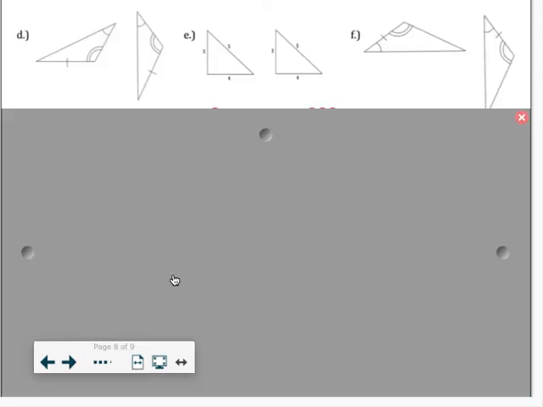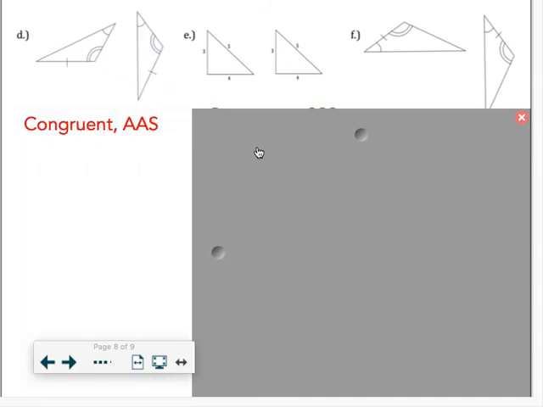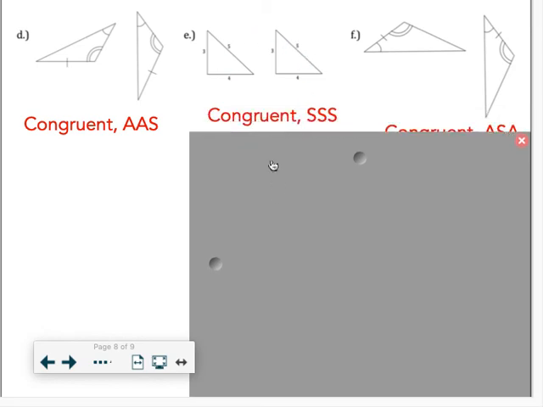Checking out the last four. On D, it looks like I have angle, angle, side and angle, angle, side. The markings are the same on both triangles, so angle, angle, side is my justification. On E, they gave us the numbers 3, 4, 5, and 3, 4, 5. They are congruent by SSS, side, side, side.